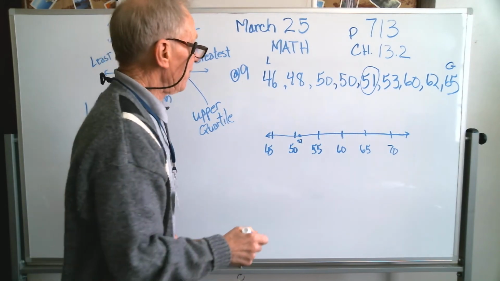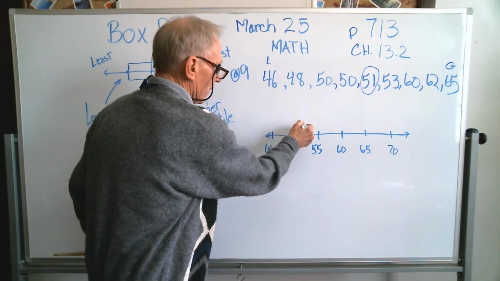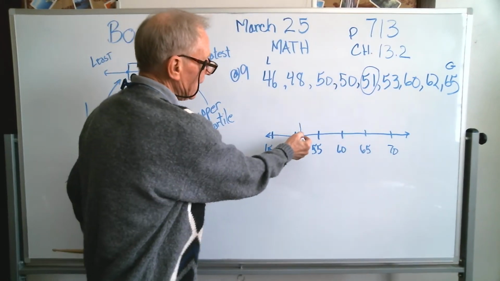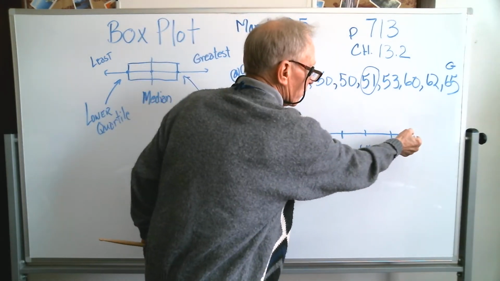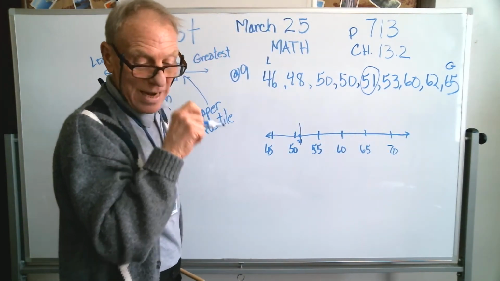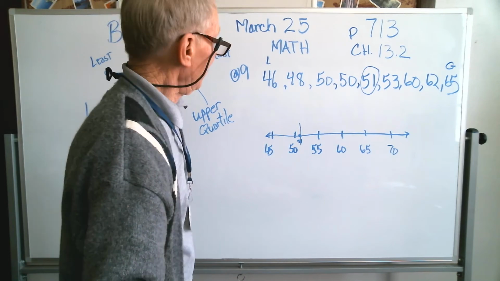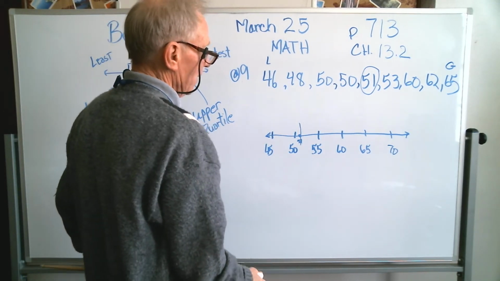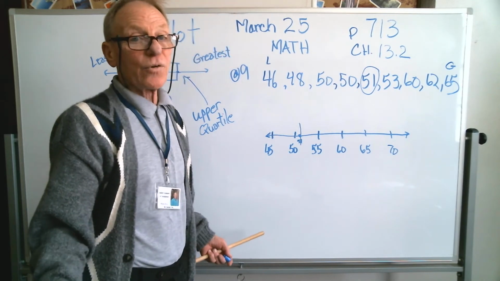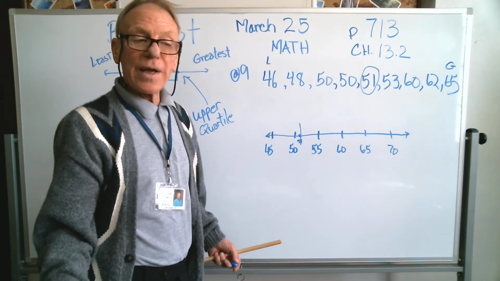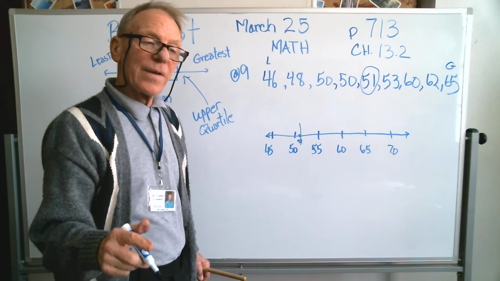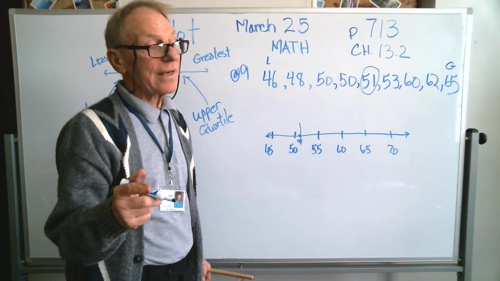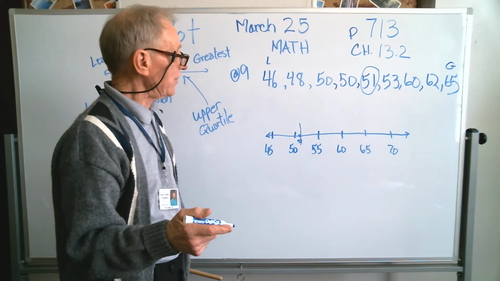So now that we have that, now we've got to find the median of these 2 sets of numbers. So now, if we look at the median between 45 and 51, it's only 2 numbers. So what do you have to do to find the median? Remember now, when you've only got an even amount of numbers, you have to add the two together in the center.